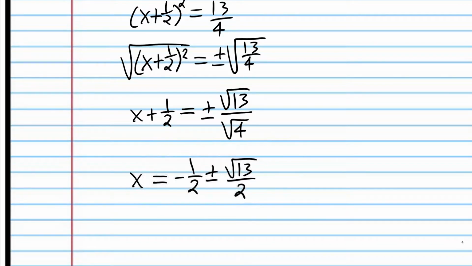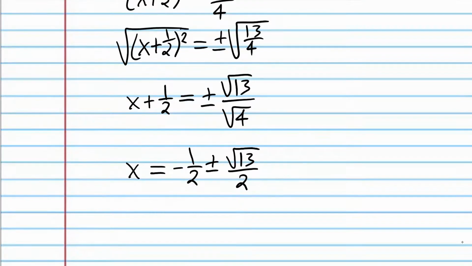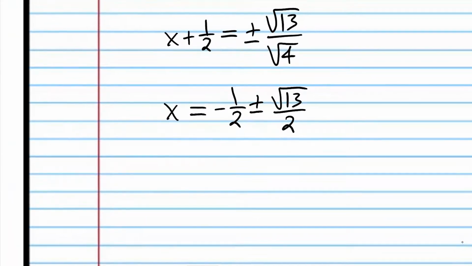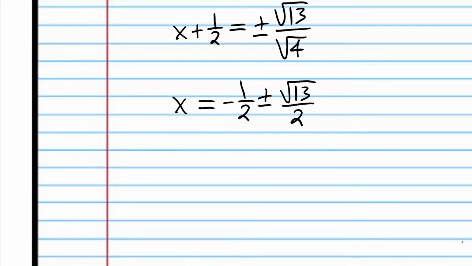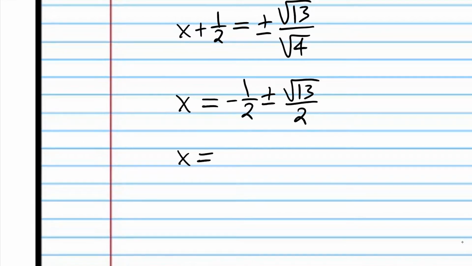So now, sorry, I'm just spacing out the work. So now we can separate. One answer is, actually no, I'm sorry, we don't need to separate this. We have common denominators. If you have a common denominator, then you can go ahead and just add those together.